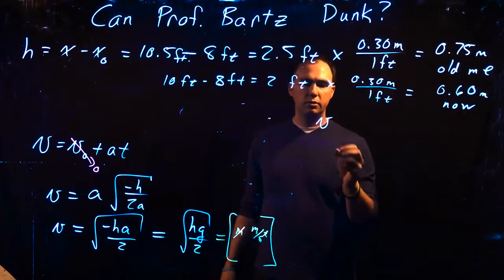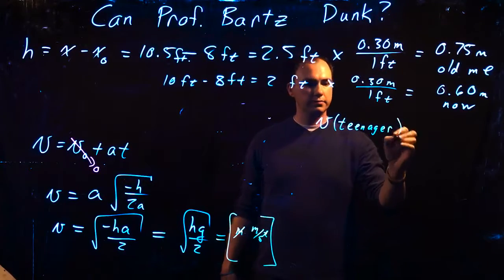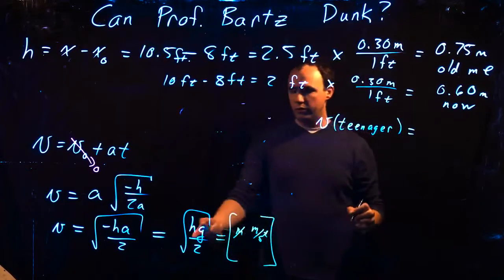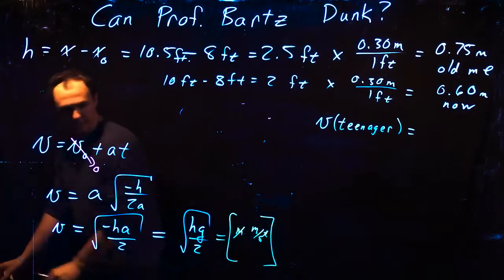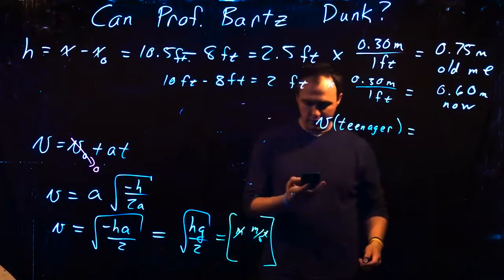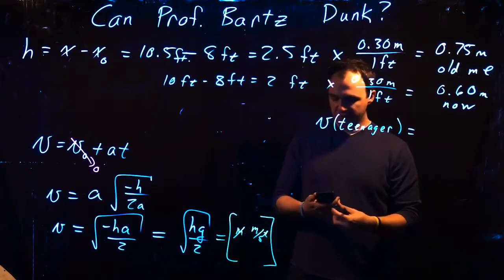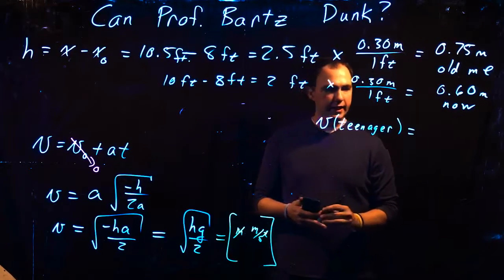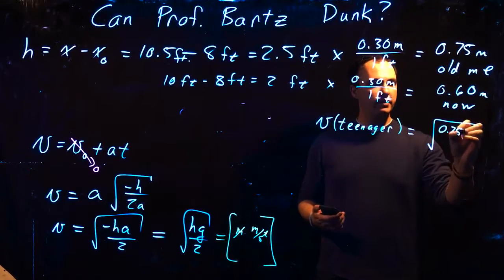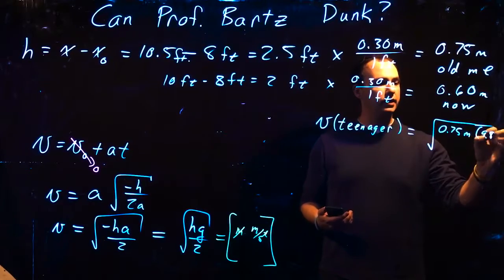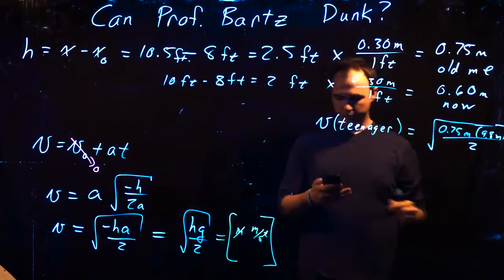So my velocity as a teenager is going to be equal to, so now I can plug in numbers. Let me get out the handy iPhone calculator. So I get, it's going to be the square root of 0.75 meters times 9.8 meters per second squared divided by 2.